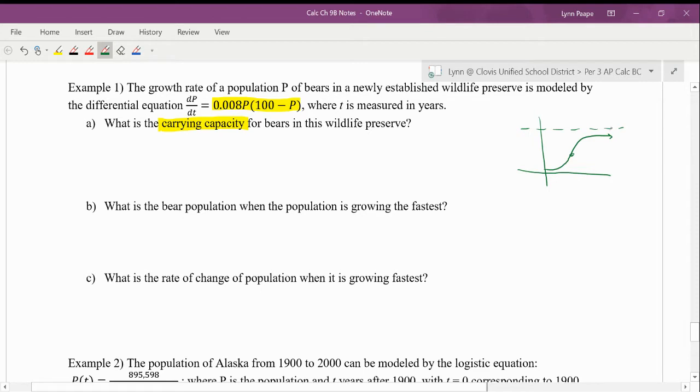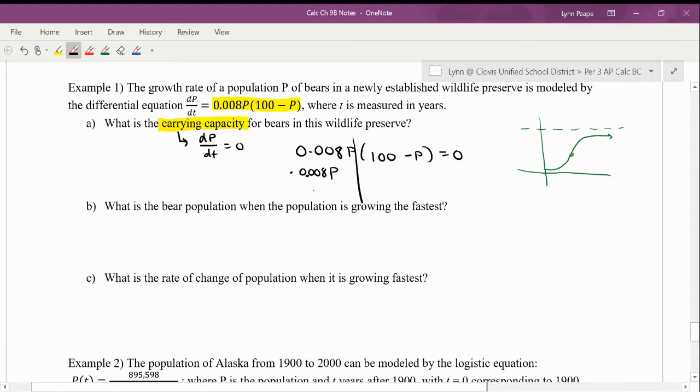Given that derivative, when is that derivative going to approach 0? That's all I need to do. So I want to know when will that carrying capacity exist, and that's going to happen when the derivative approaches 0. So I'm just going to take that derivative, set it equal to 0, use my zero product property.